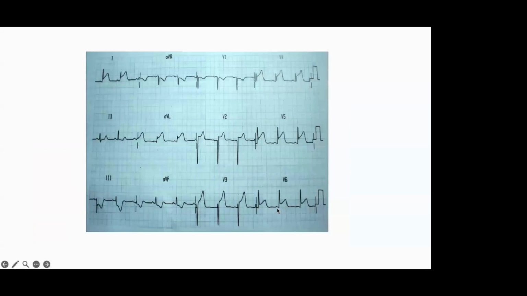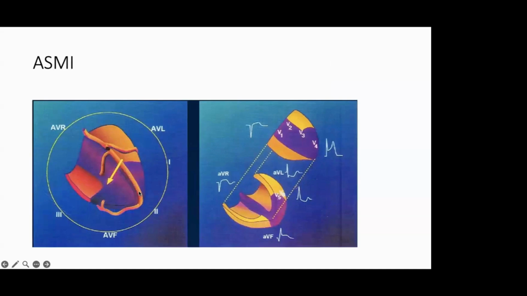So you can see in this anterolateral wall MI, there is I, aVL ST elevation with ST elevation in the anterior leads like V3, V4, then V5, V6, because the diagonal is involved. And the corresponding ST depression will be seen in the inferior leads. Then in septal MI, there will be anteroseptal MI.